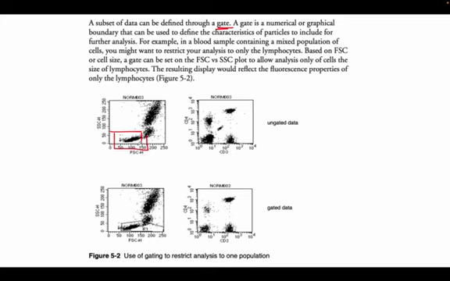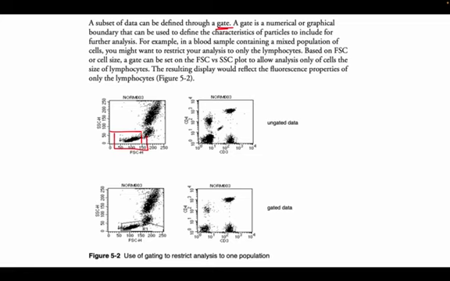You can imagine I have taken a blood sample and stained it with some fluorescence marker. My first step will be to run this FSC SSC plot, just running it through the scattering plot. Within the scattering plot, I am now going to set a gate.